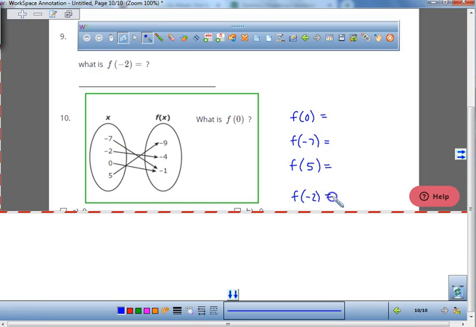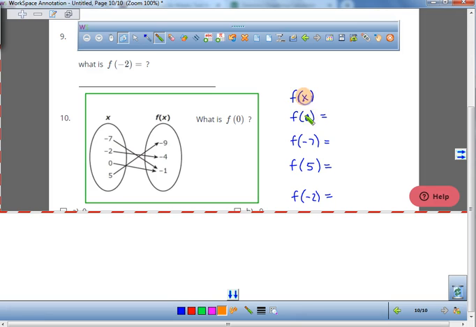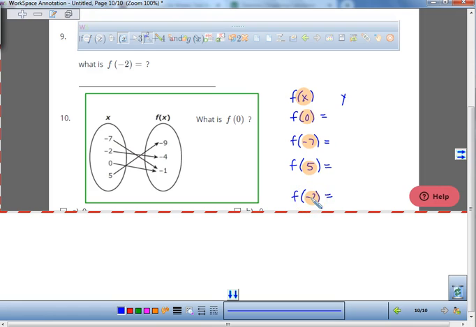Just remember, if I say what is f of x, I'm literally looking at when the x value is 0, negative 7, 5, negative 2. I am looking for the corresponding y values for these x values. That's all I'm doing.